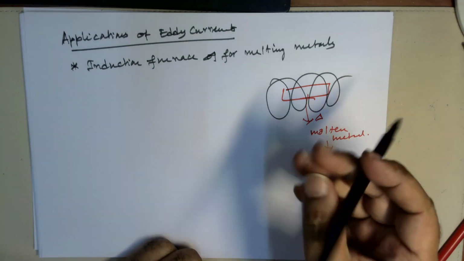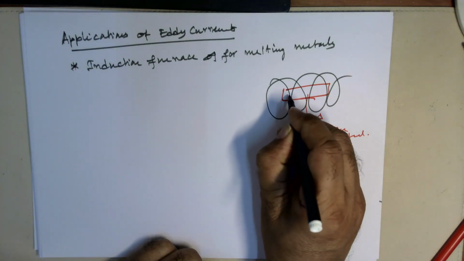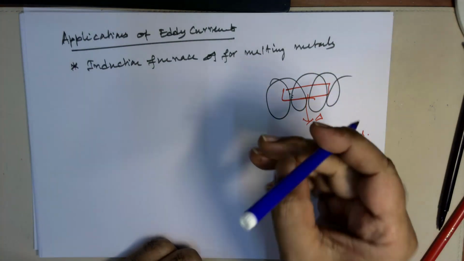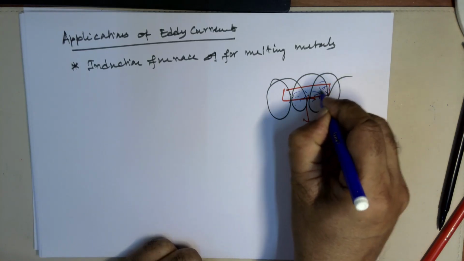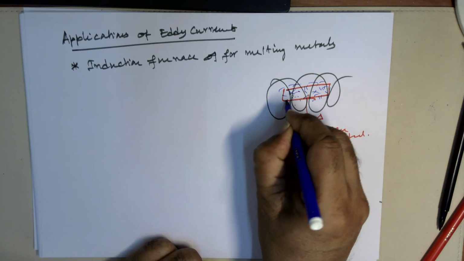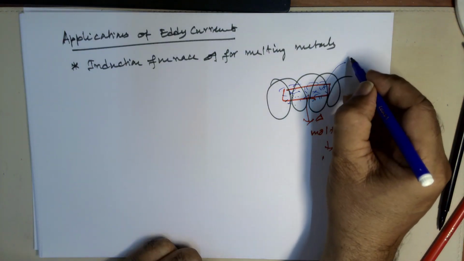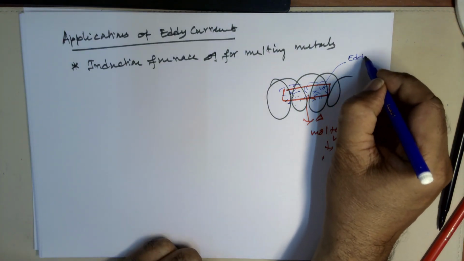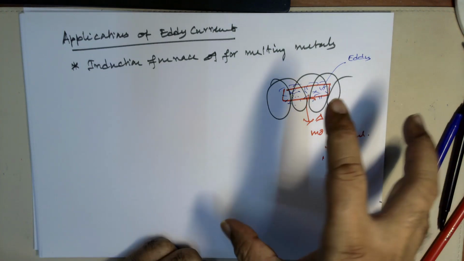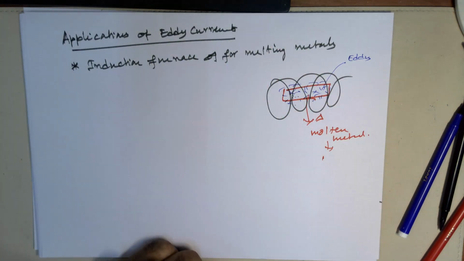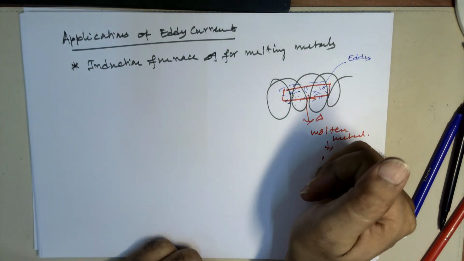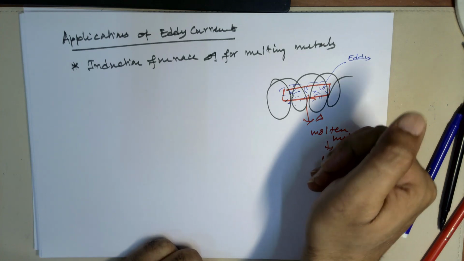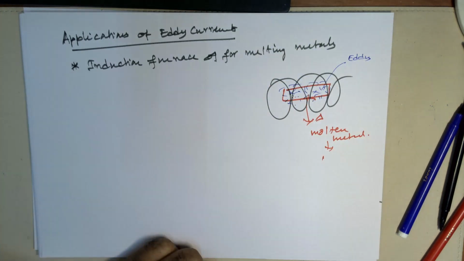Because it forms a lot of eddy currents like this, swirling action. So these are the eddy currents and these current eddies cause the heating, and that heating can be effectively utilized to melt the metal. Okay.